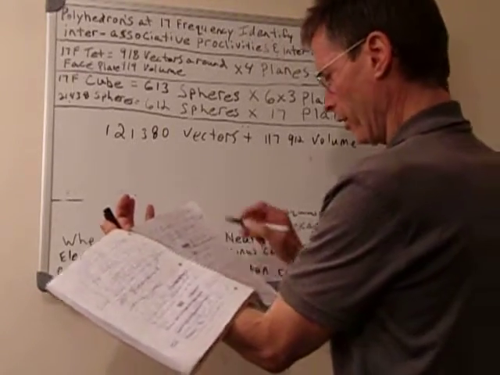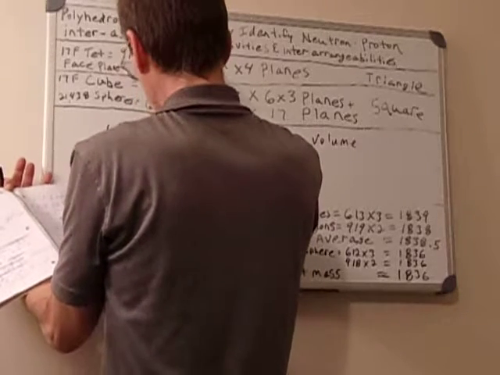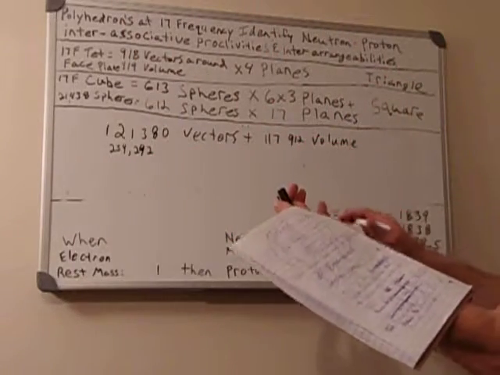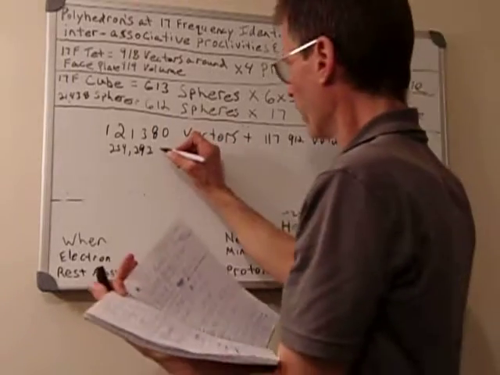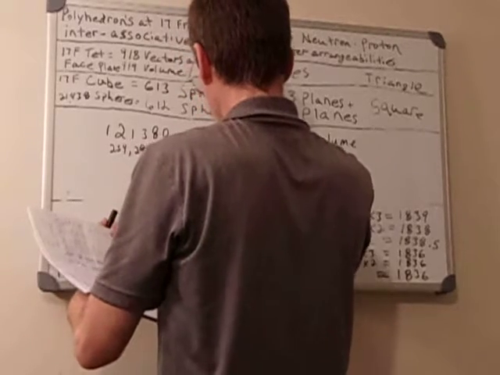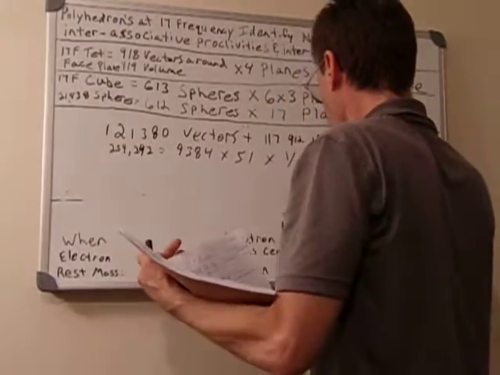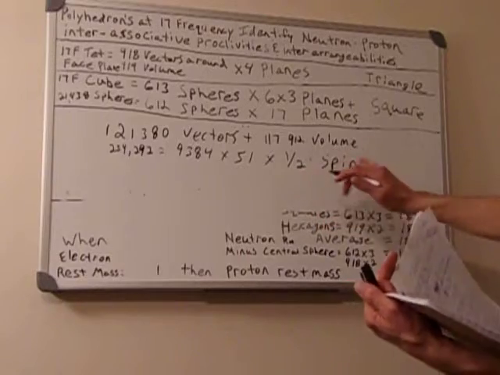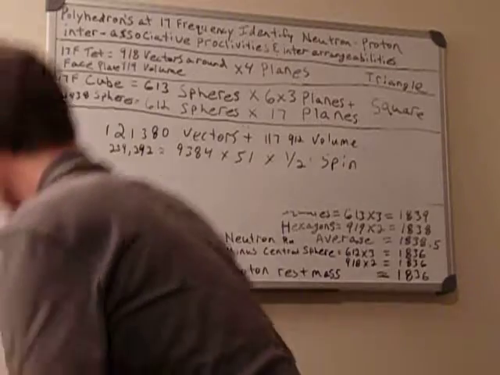If you add those together, you get 239,292 total energy interassociations. This equals 9,384 times 51 times 1/2 for 1/2 of a spin, which is something that all the nuclear particles are doing.